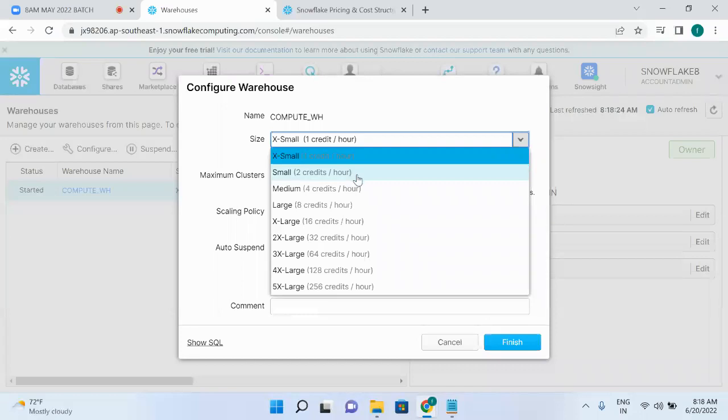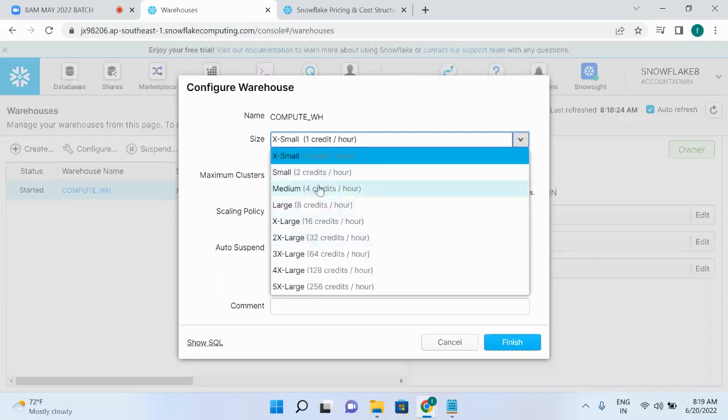When the size is increasing, it is always multiplied by 2. Observe this one: extra small, small, medium, large, right? Whenever the size increases, it is doubled.